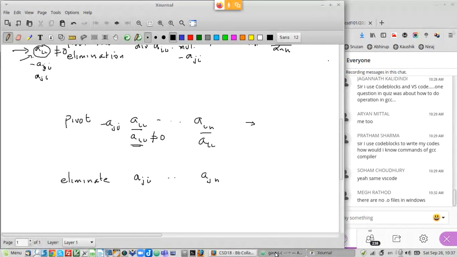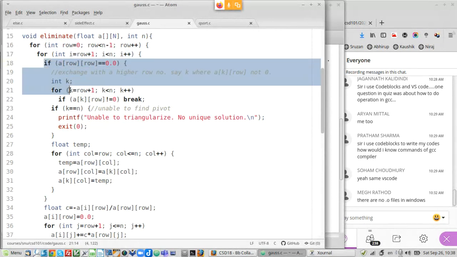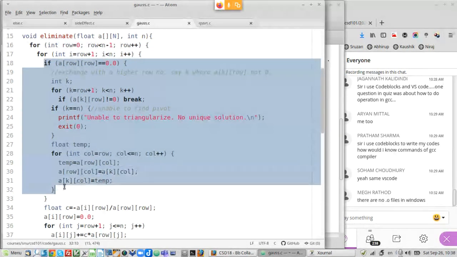That is the operation that you are doing here from line 18 to line 32. A lot of the space here is actually just checking: if the pivot element is 0, which obviously is not done if it is not 0, you are finding a particular row where the pivot element is not 0.